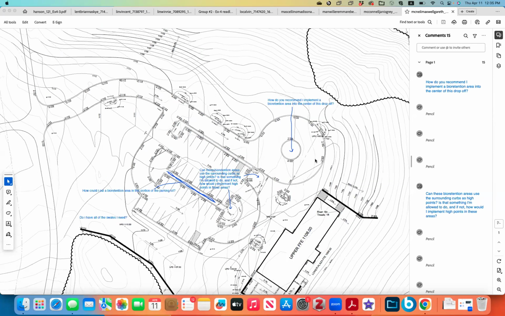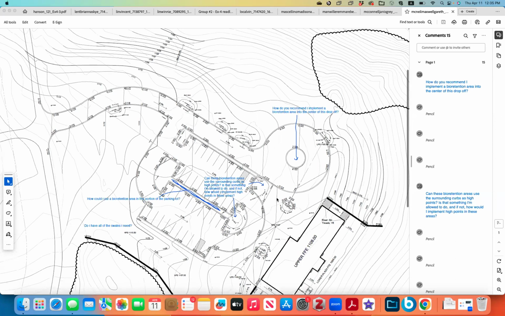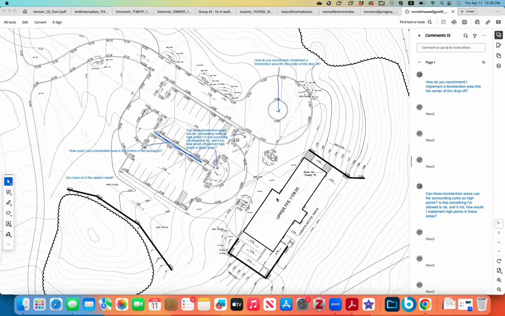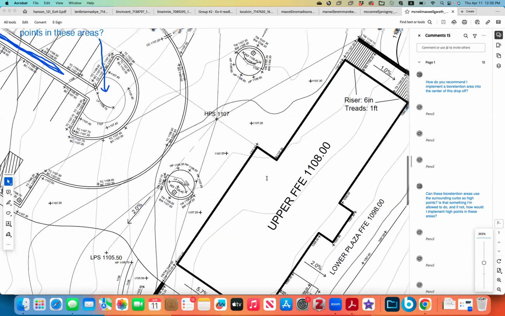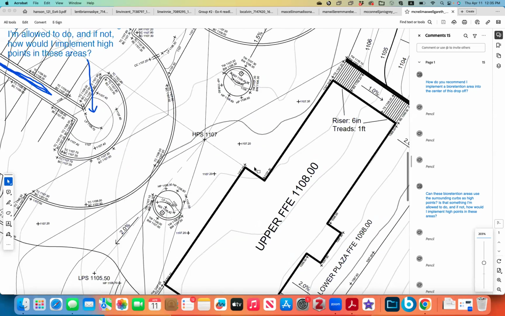I have one question I didn't put on there. Sure. Stu briefly mentioned that he thought my FFE was too high, but I looked at it and I was confused as to why. The reason being, we're at 107.50 here. In order for the ADA to work, you basically just roll in, right?